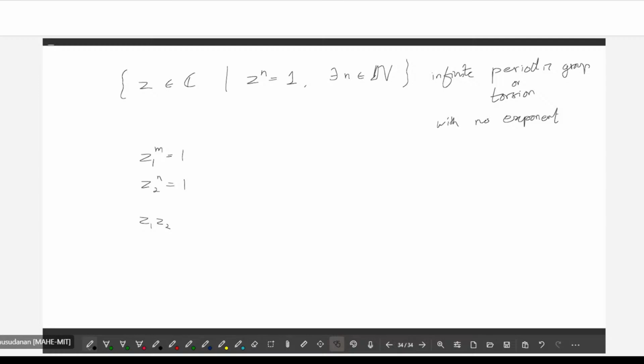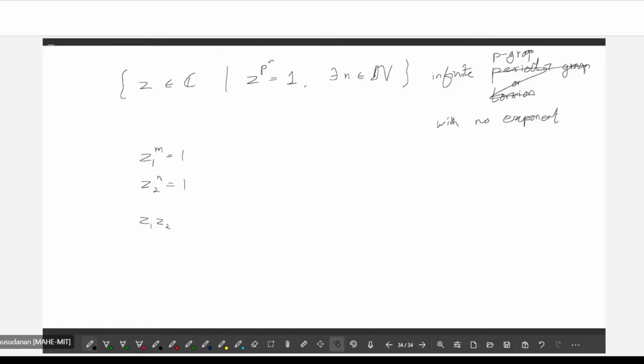Here you will get all possible orders which are powers of a particular prime P. So the only thing you have to do is replace n by p to the power n. So you have an infinite P group with no exponent.